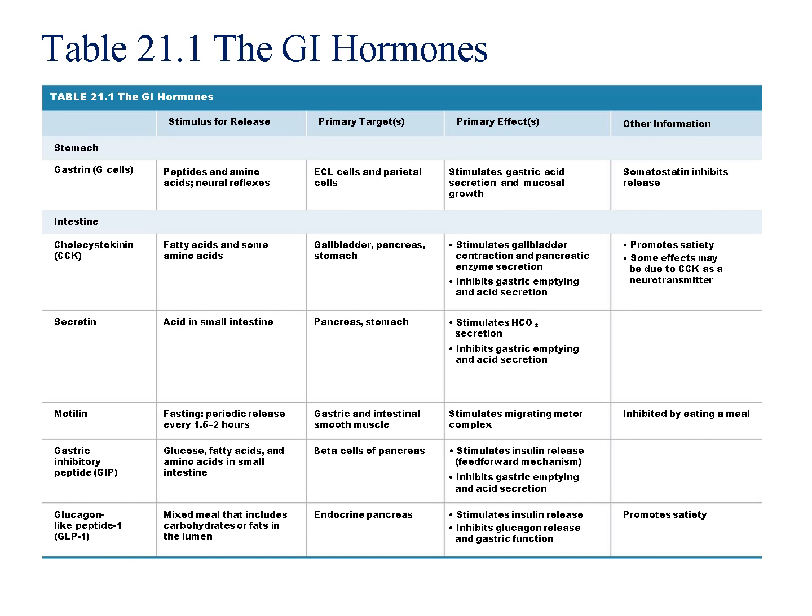Gastric inhibitory peptide and glucagon-like peptide 1 respond to glucose, fatty acids, and amino acids. Both hormones stimulate insulin release from the pancreas, helping to regulate blood sugar levels. Additionally, they inhibit glucagon secretion and gastric function, further slowing digestion to allow for efficient nutrient absorption.